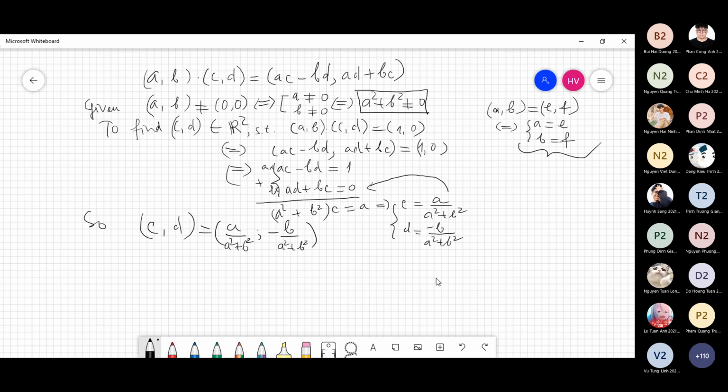And this is the inverse of (A, B), because multiplied with (A, B) you obtain (1, 0). This is actually the inverse of (A, B), as I wrote in the slide.